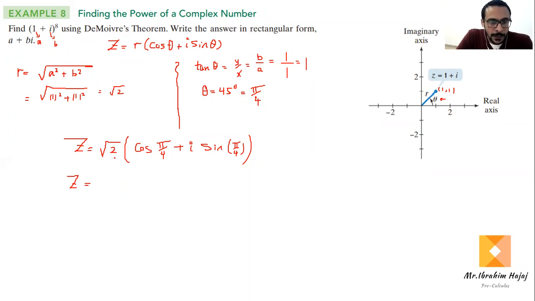So here is the number written in what form? In polar form. The question is asking us now to find z to the power of 8.